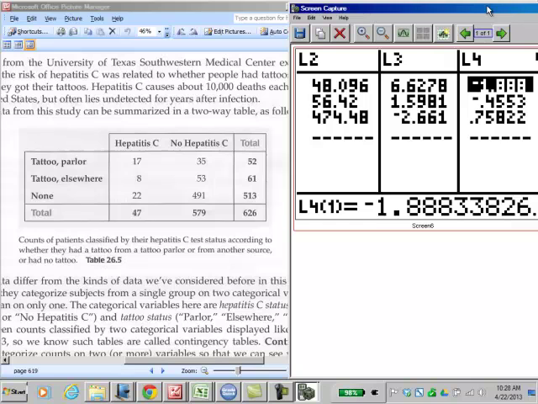This is 6 standard deviations from the mean. This is way, way off the mean.